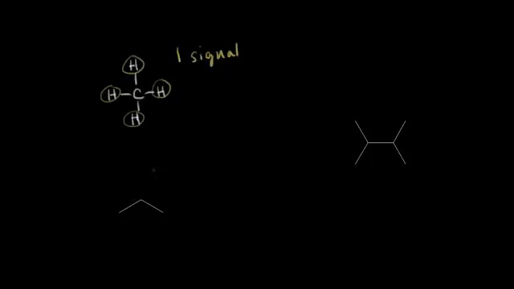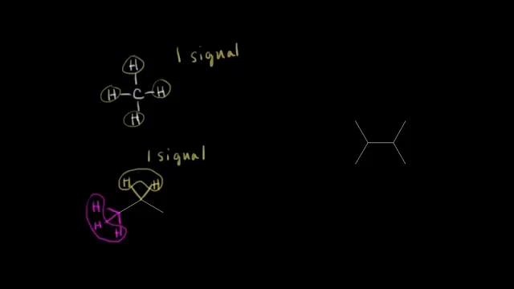If we move on to propane, this carbon right here has 2 protons on it, and these 2 protons are in the same environment. Therefore, they are chemically equivalent, and we would expect to see only one signal for these 2 protons. If we look at these protons over here, let me go ahead and draw them in. These methyl protons are in their own environment here, so we'd expect one signal for these methyl protons.